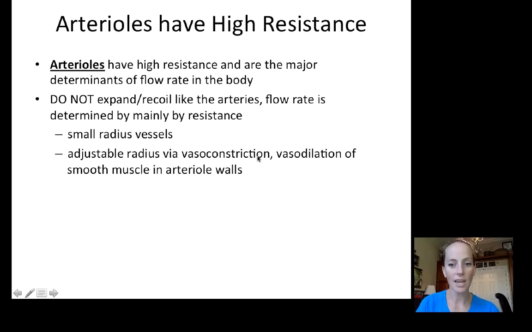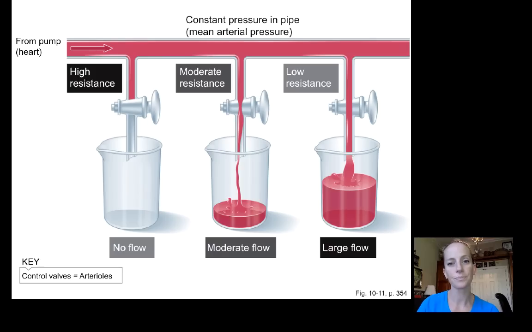So more sympathetic nervous system input, more constriction, tighter vessels. Less sympathetic nervous system input, large radius, dilated vessels. But it's not always sympathetic nervous system input. Actually, we have a lot of local changes that can change the smooth muscle in the arterial walls.